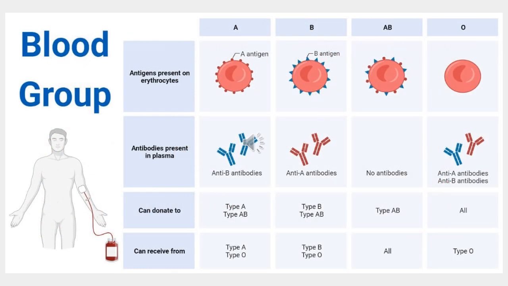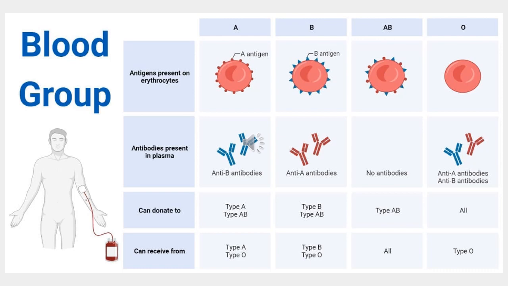So we'll do a quick recap from biology, anatomy, and physiology regarding blood typing. So when we look at blood typing, or the group that we have, blood type A, B, AB, and O. This chart kind of breaks down the presence of the antigens that are on the erythrocytes.